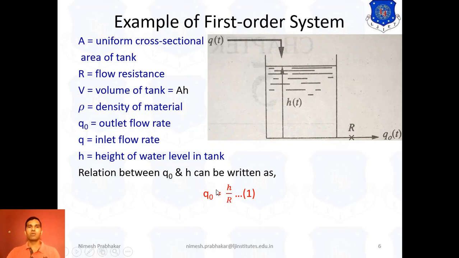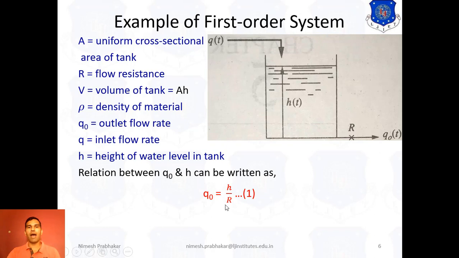So here Q0 is directly proportional to H. That means the variation in Q0 and H is directly proportional. That means if the flow rate is more, then the height is more. This is a linear relationship.